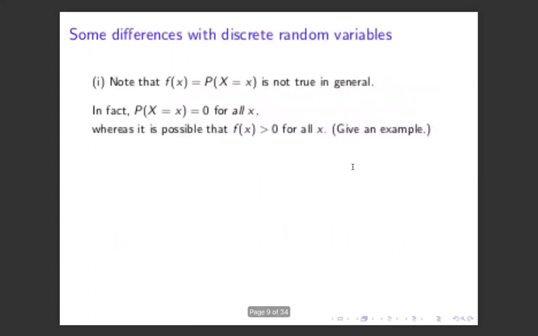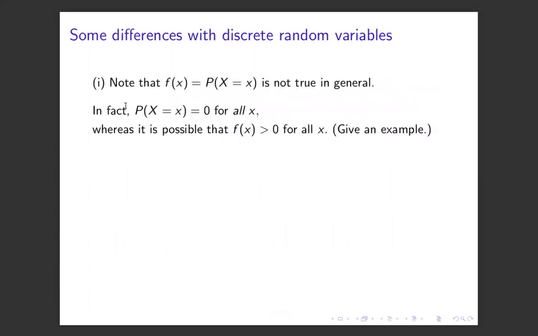That is why this happens. For a continuous random variable, the probability that capital X equals little x is zero for every real number x. And I leave it to you as a small exercise to give an example where this happens.